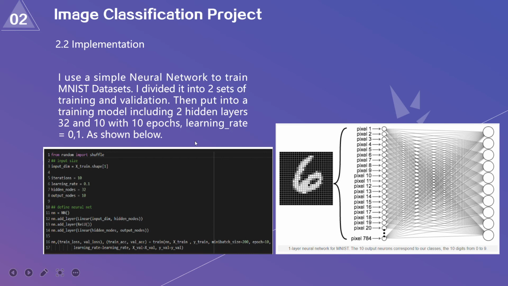I also use a minibatch size of 200 for the training. You can see it in the next picture. I use the neural network to process and classify the handwritten digit images.